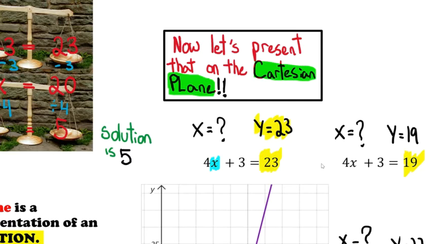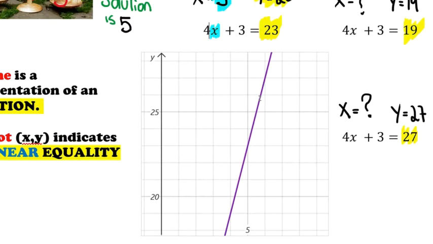In this example that we did, we found that x is equal to 5, as we had discovered in class. So when x is 5, y is 23. Let's look at that on the Cartesian plane. When x is 5, y is 23.